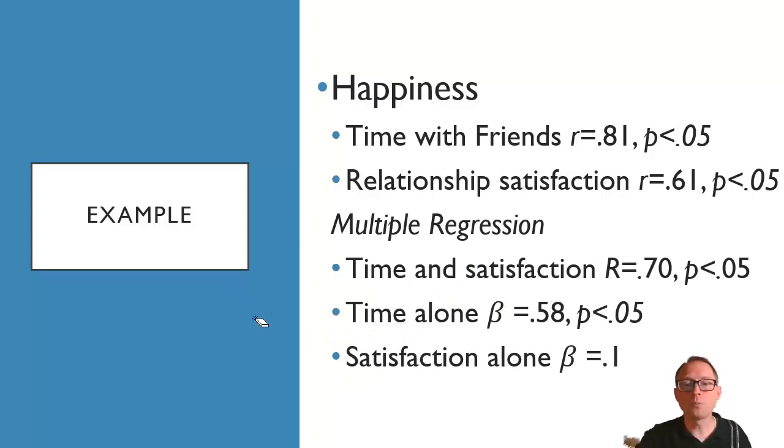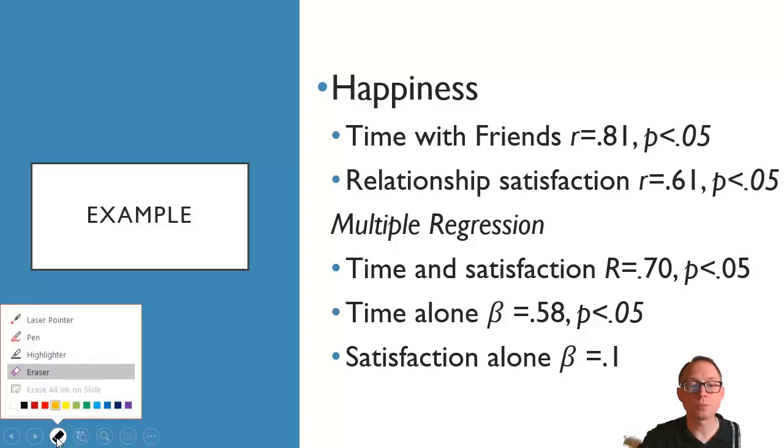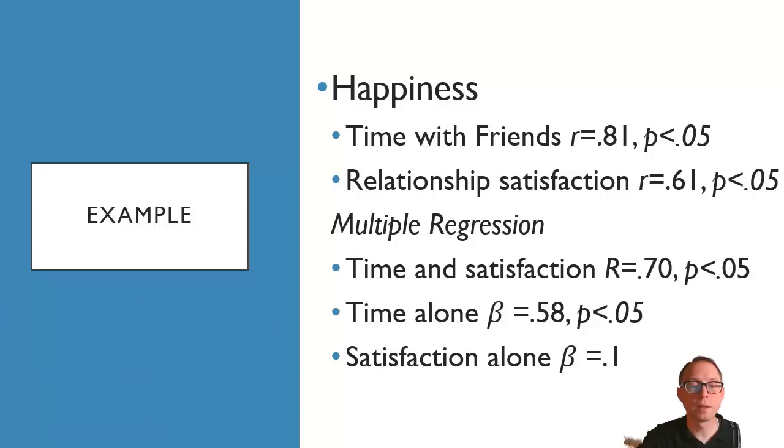All right, in a multiple regression, first we are going to get time and satisfaction together. So time and relationship satisfaction, both of them together, their influence on happiness, that's going to be capital R. So let's do these again. Here is happiness.